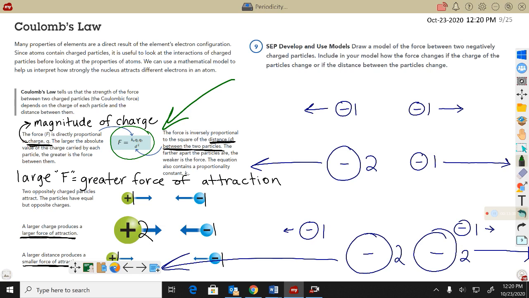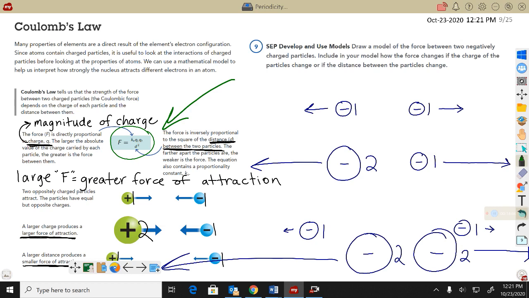It's the distance between the nucleus and the outer electrons, but we're going to square it. And so that's going to have a huge impact on the force. If I end up putting big numbers in the denominator, it's going to make the force really small. And it's the force of attraction. So number one, distance is technically squared in this Coulomb's law equation.